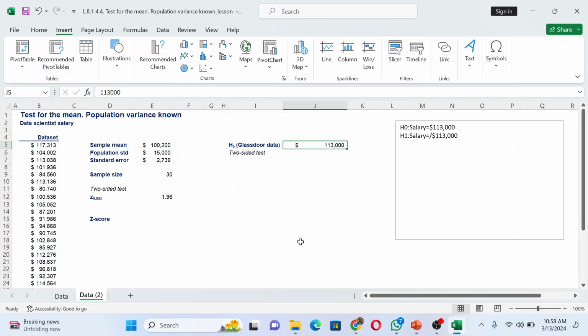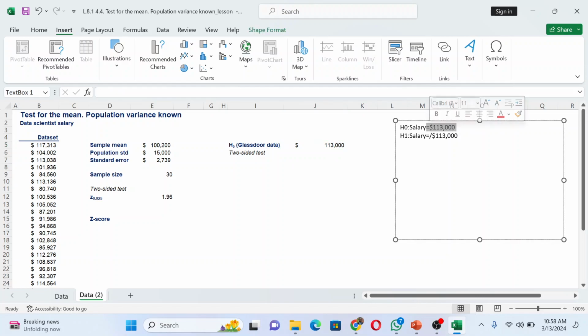You want to see if, as per the Glassdoor data, data scientists earn 113 or not.